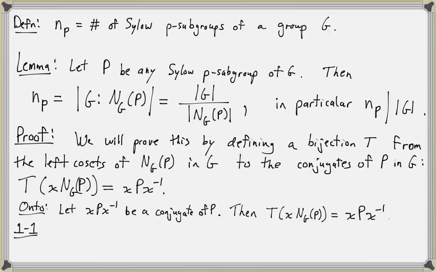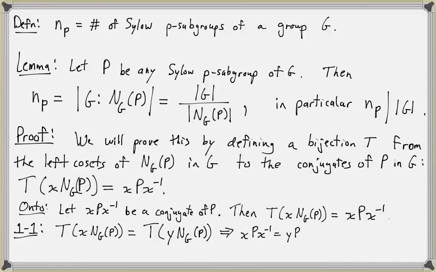Now to show that it's 1-to-1, let's assume that T of the left coset X times the normalizer of P equals T of Y times the normalizer of P. Then that implies that the conjugate X P X inverse equals Y P Y inverse.